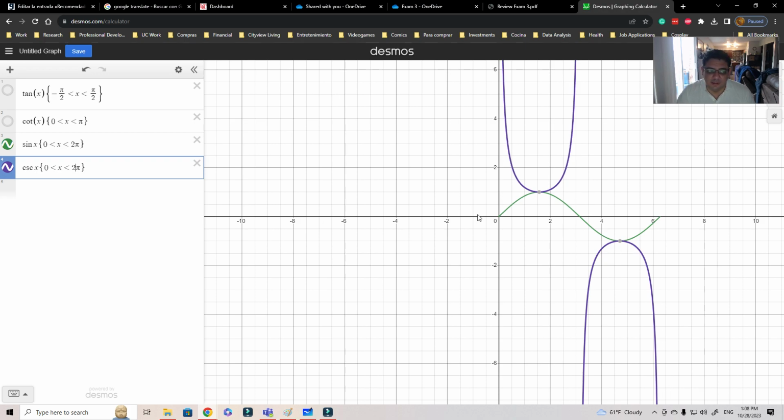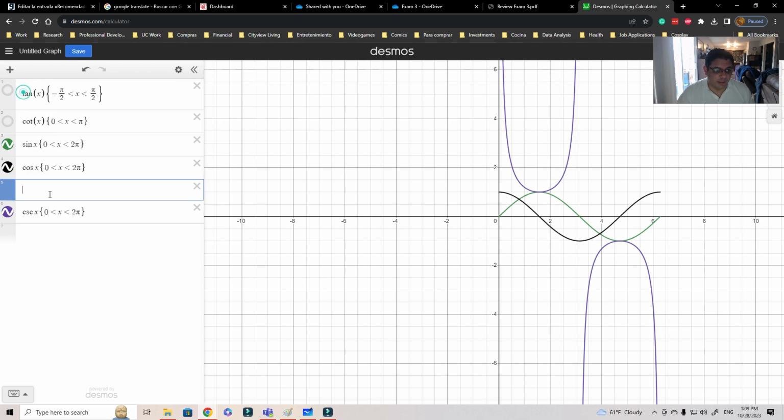Everything else is just a repetition of these values. The fact that the values of cosecant of x go up to infinity, and more than once, is why it's so much easier to solve equations using sine of x than using cosecant of x.